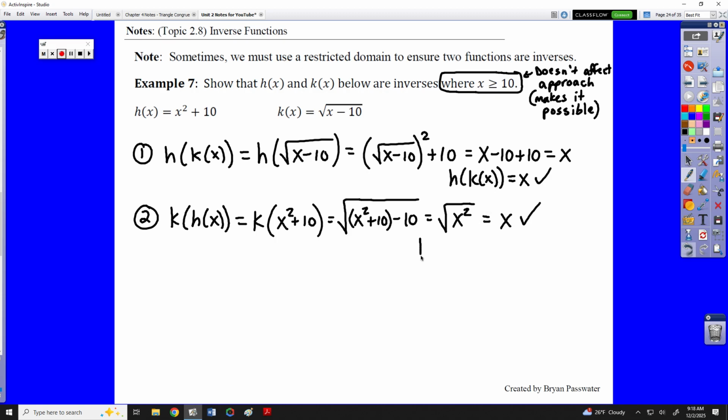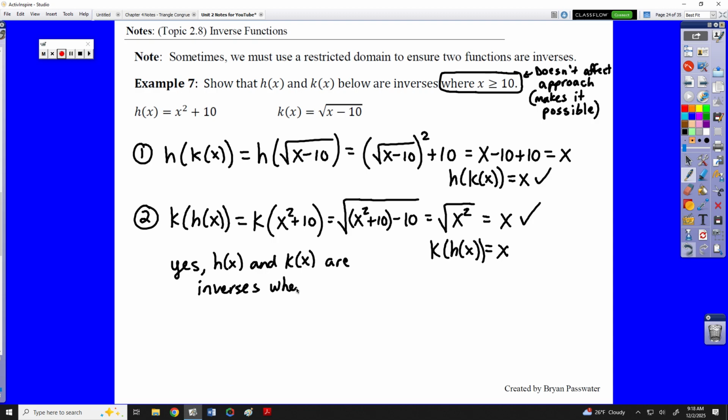So again, we have shown that k of h of x is equal to x. So there we have shown that yes, h of x and k of x are inverses where x is greater than or equal to 10.